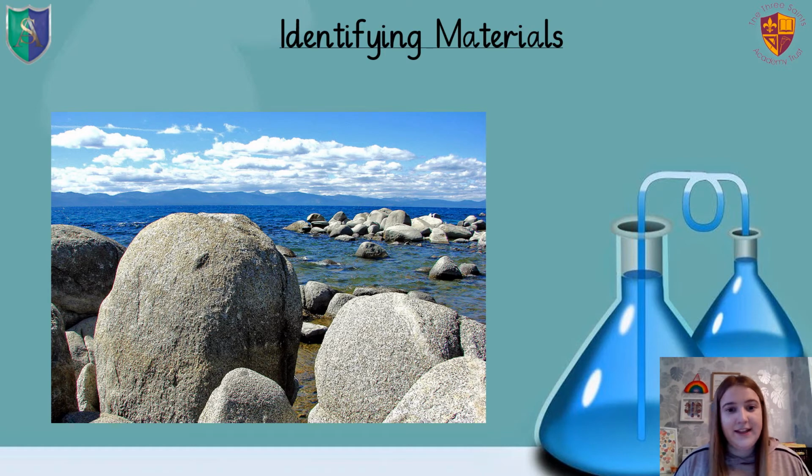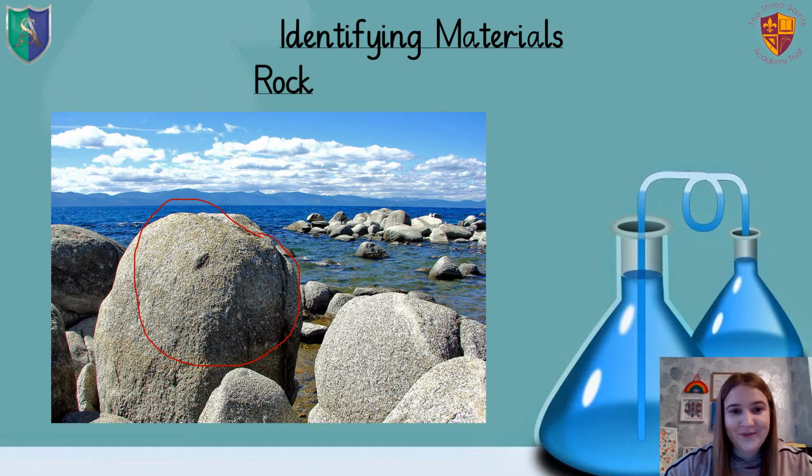What about this one? Now, in this image, I'm thinking about these here. What are these made out of? Rock. Is there anything made out of rock around you? I'm having a little look around my room. I can't see anything just yet that's made out of rock. What about you?